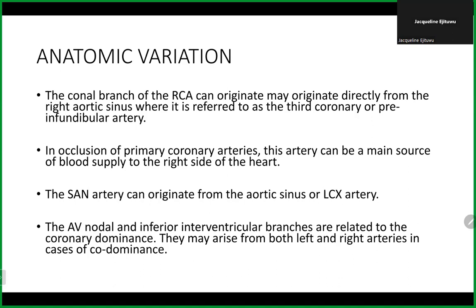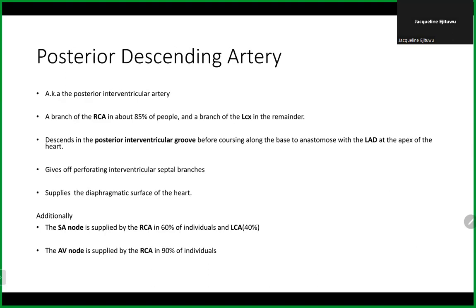Next slide, please. So the posterior descending artery is very important because this artery determines the dominant circulation. It's also known as the posterior interventricular artery. It's usually the terminal branch of the right coronary artery in about 85% of individuals.